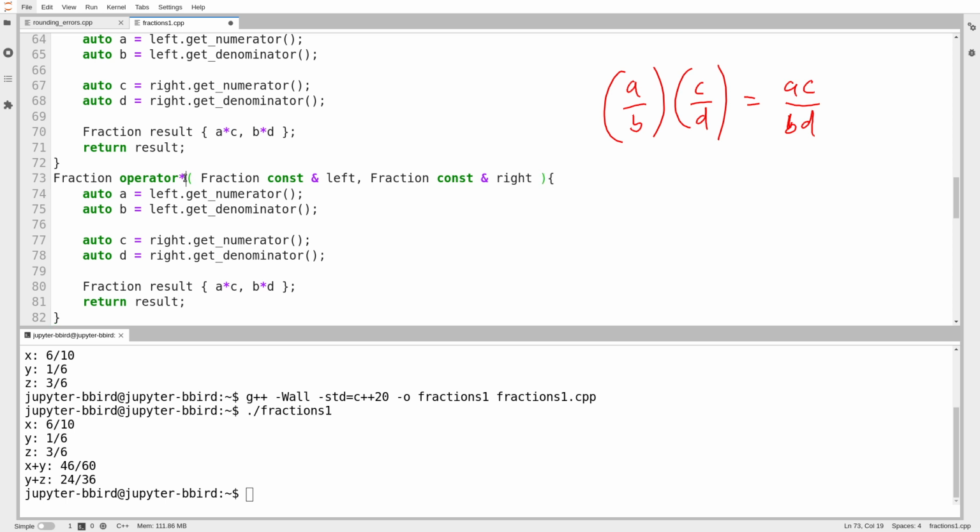So we'll implement that operator as well. So operator division, and then we just have to derive that. What does it mean to divide one fraction by another?